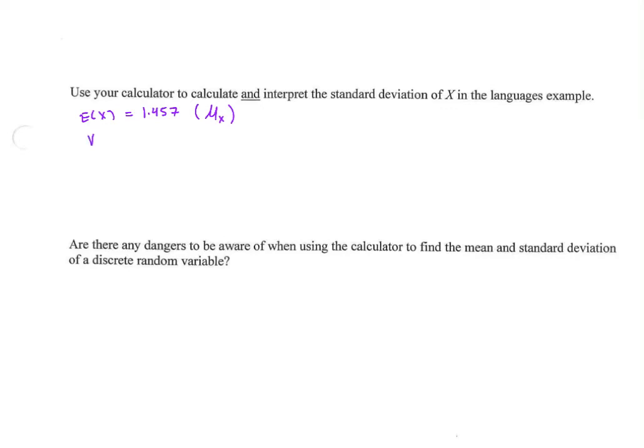So the formula for the variance, we don't have a formula for standard deviation, is the sum of all of your x minus mu squared times probability.